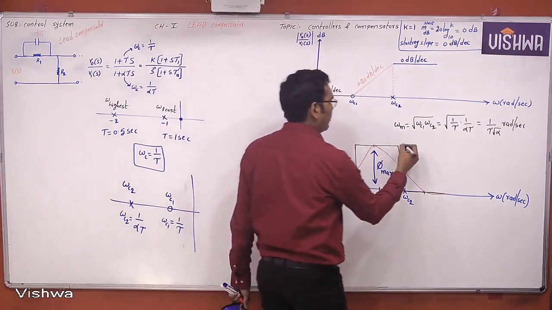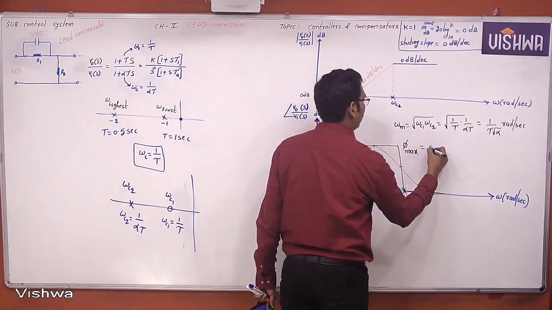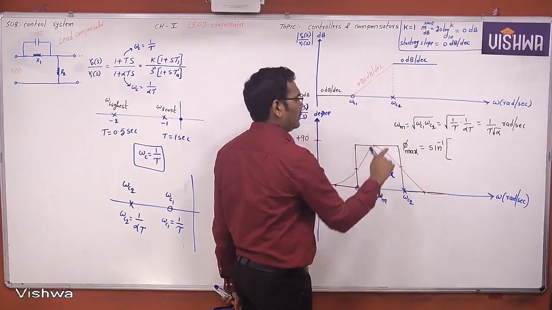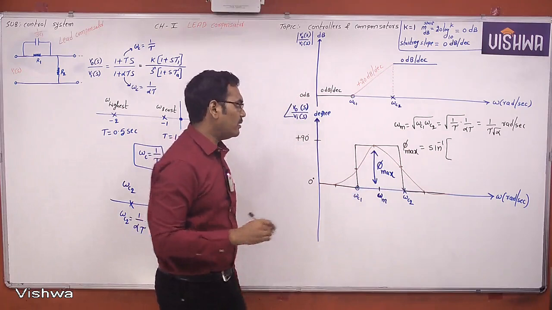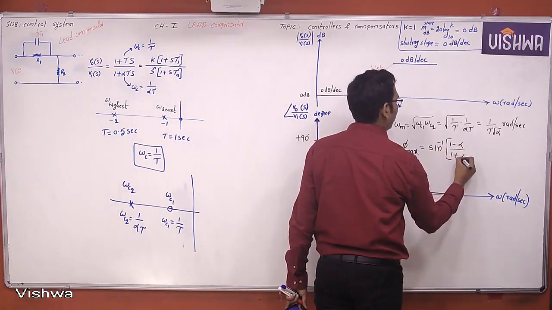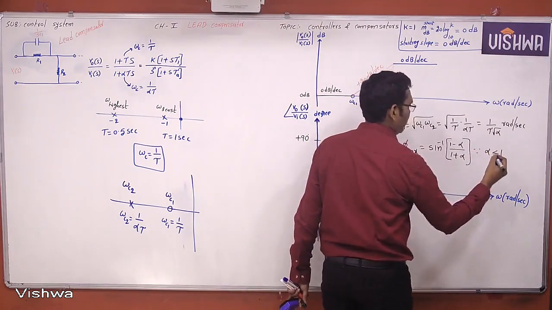The maximum phase lead is phi m equals sine inverse of 1 minus alpha by 1 plus alpha, because alpha is less than 1.